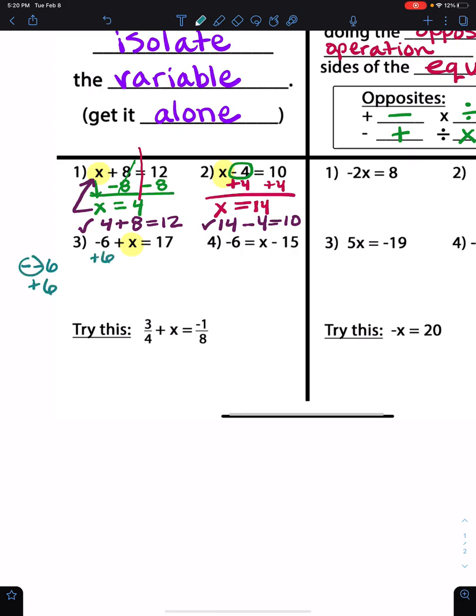So let's add 6 to both sides. Negative 6 plus positive 6 is 0. That's the whole point, right? To get the thing that's on the same side as the variable out of there, so the variable is alone. And then 17 plus 6, of course, is 23. I can check: is negative 6 plus 23 equal to 17? It is indeed, so I got it right.